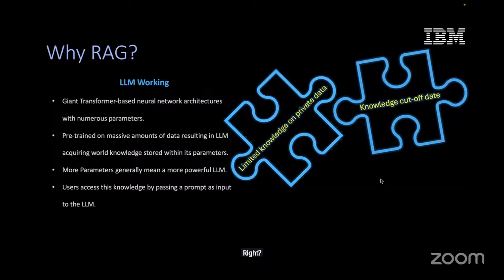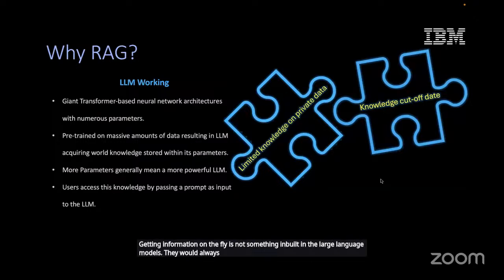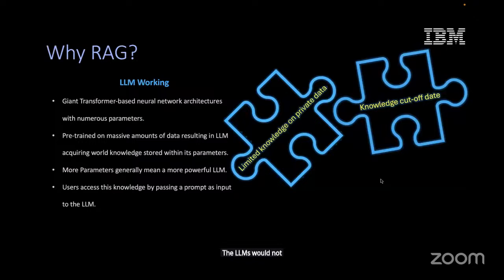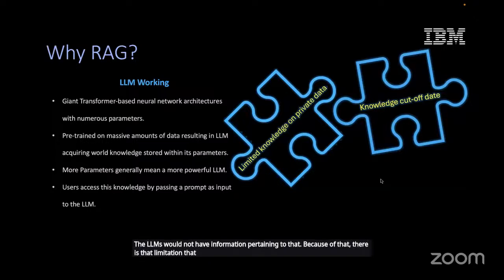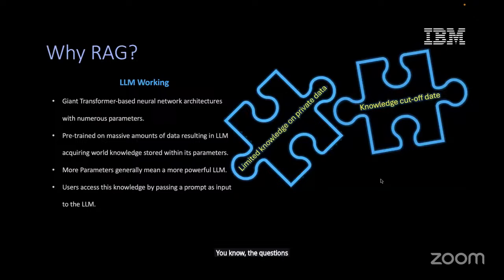So getting information on the fly is not something built into large language models. They would always have that cutoff, and for any information generated after that cutoff date, the LLMs would not have information pertaining to that. Because of that, you are not guaranteed 100% accurate information for the questions that you ask all the time.